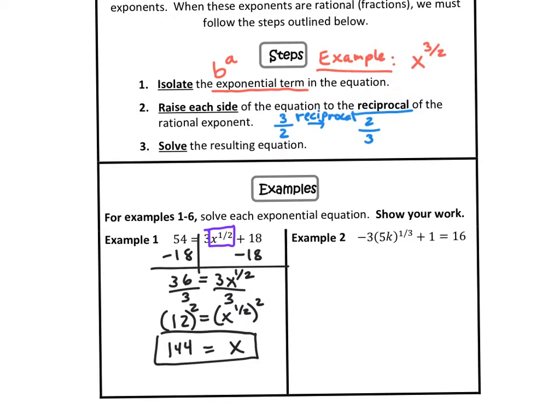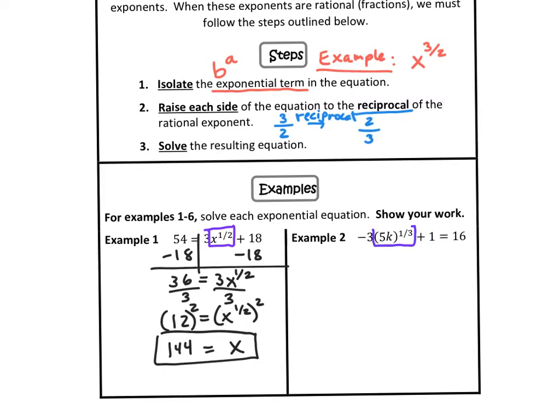All right, let's try another one. Example 2. Step 1, isolate the exponential term. Which term in this expression is the exponential term?